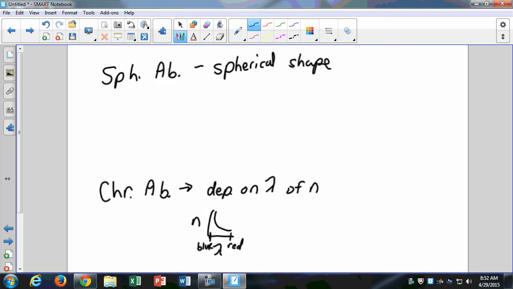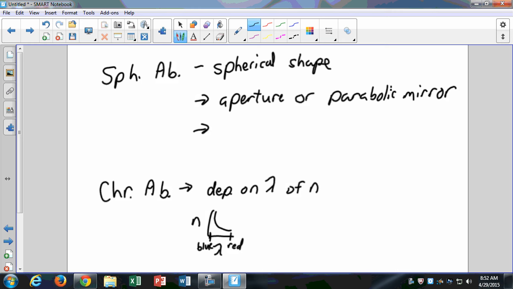Ways that you can fix spherical aberration, you can either use an aperture to block the rays on the outer parts of your device, or a parabolic mirror. And this occurs because it doesn't have anything to do with refraction. This occurs in mirrors and lenses.